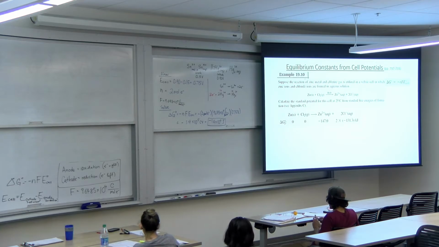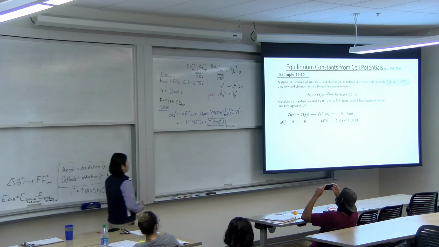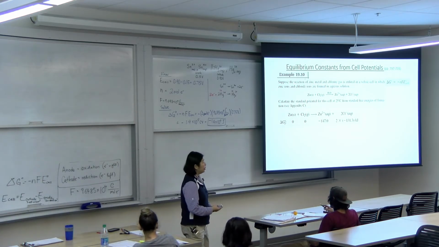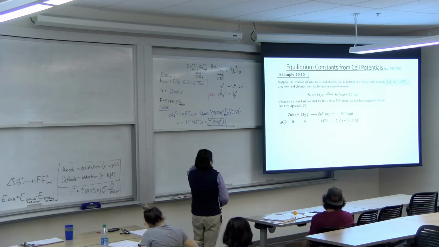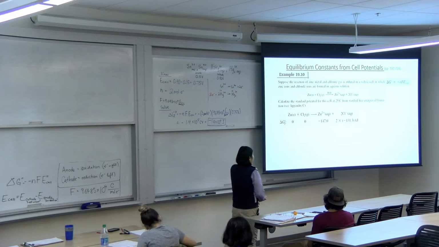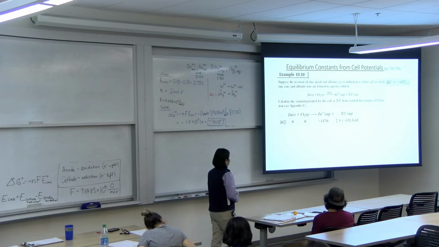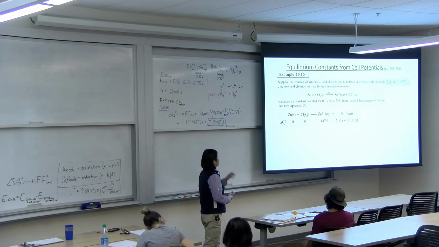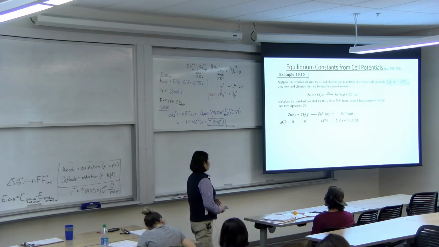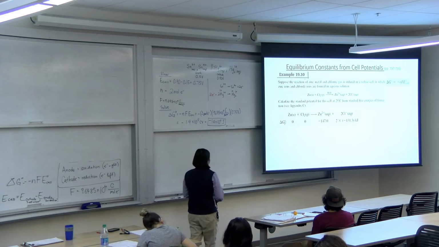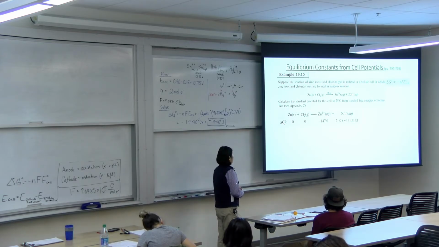So really, let's do another example just to make sure we are all on the same page. Suppose the reaction of zinc metal and chlorine gas is utilized in a voltaic cell in which zinc ions and chloride ions are formed. So you're basically going zinc solid reacting with chlorine gas, that forms zinc 2 plus and 2 chloride ions.